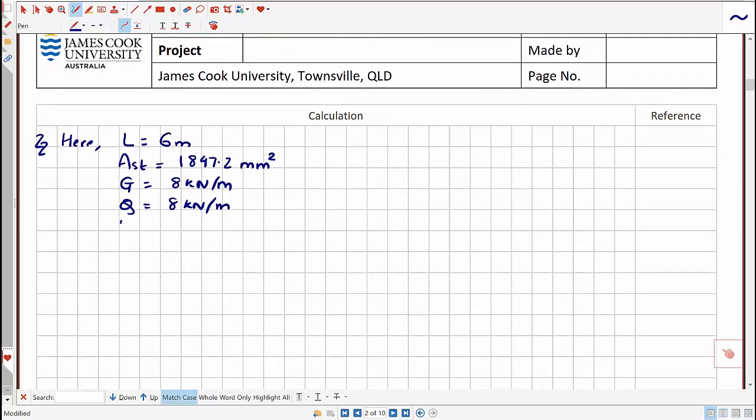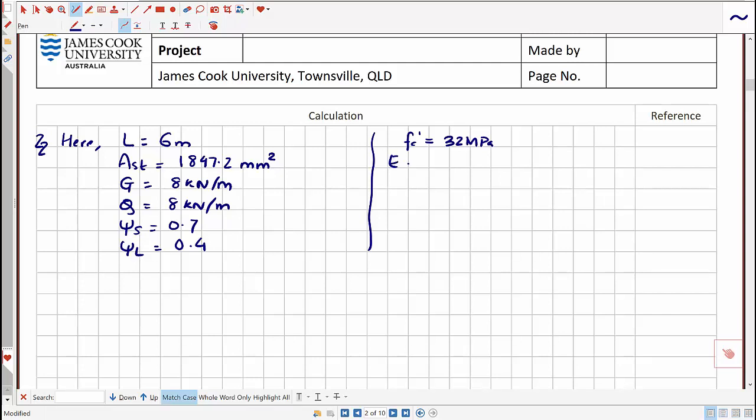The short-term load factor, the long-term load factor is 0.4, and we are also given that the characteristic compressive strength of concrete is 32 megapascal.